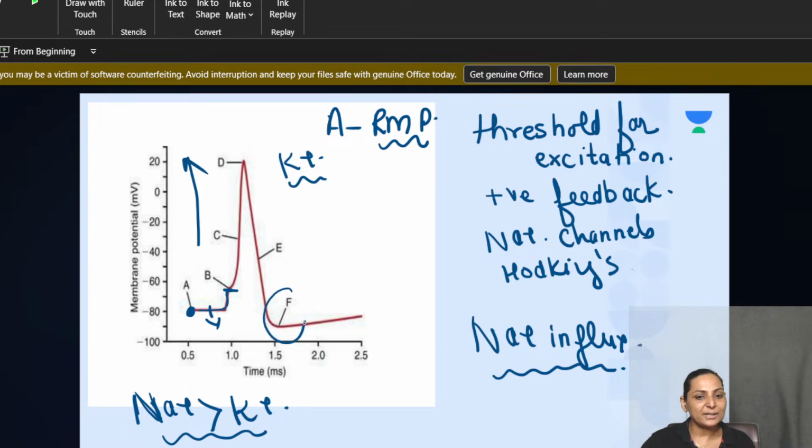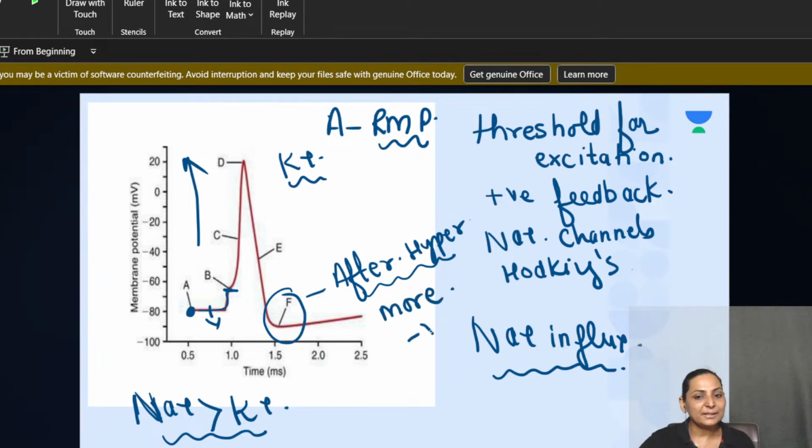You get this point F, which is also called the after hyperpolarization, where the RMP becomes more negative. What is the reason?